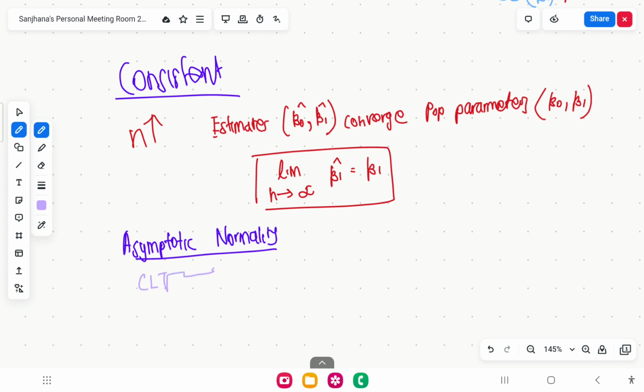Likewise, here we say that the distribution of the estimators beta naught and beta 1 becomes approximately normal when n increases, regardless of the distribution of the error term.